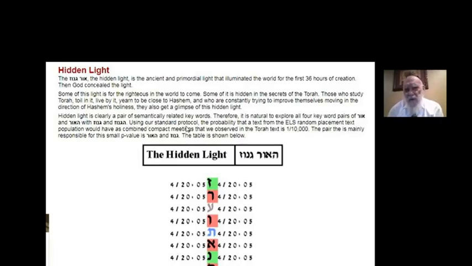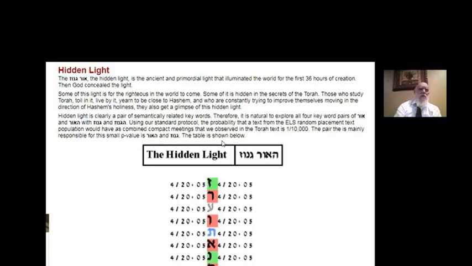Using our standard protocol, the probability that the ELS, equal letter skip, random placement text population would have as combined compact meetings what we observed in the Torah text is, in this case, 1 in 10,000. The pair mainly responsible for the small p-value is HaOr, the light, and Or Haganuz.